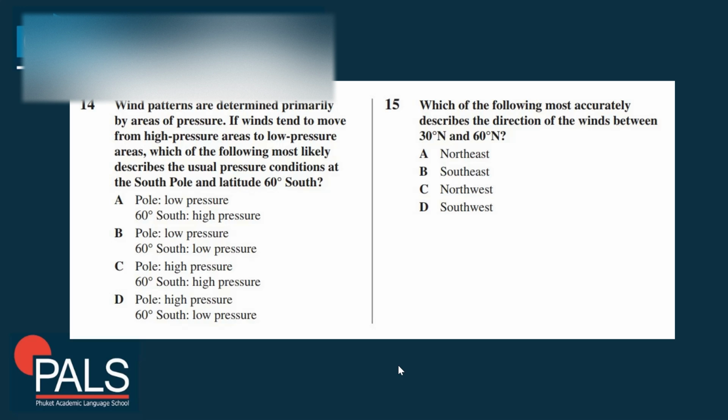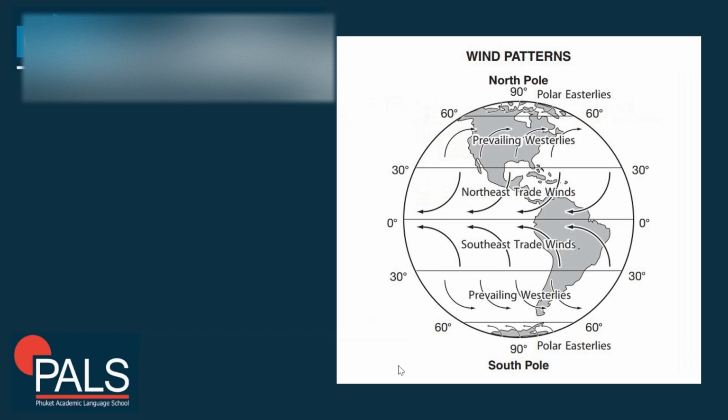So 14 says, wind patterns are determined primarily by areas of pressure. If winds tend to move from high pressure areas to low pressure areas, which of the following most likely describes the usual pressure conditions at the South Pole and latitude 60 degrees south? So go ahead and look at that again.